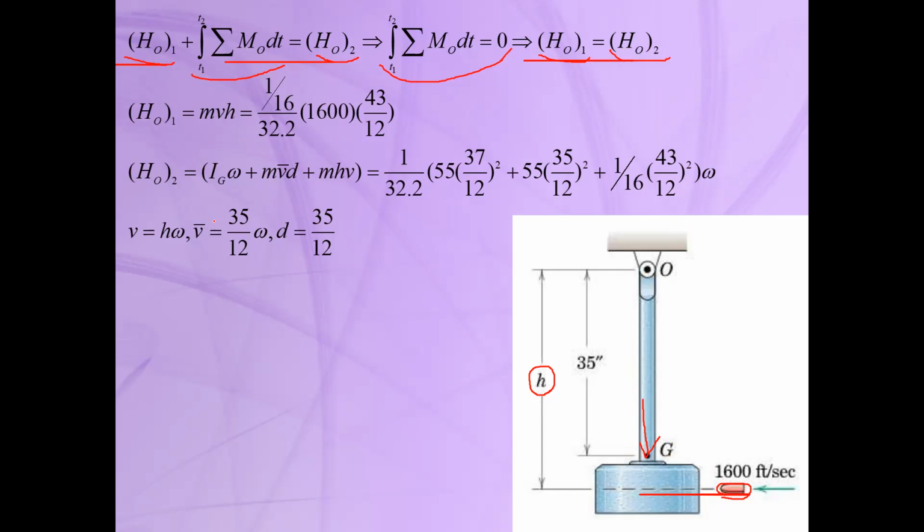We can write the angular momentum after the impact in two different portions. The first part is the angular momentum due to the pendulum, and this term is the angular momentum due to the bullet.